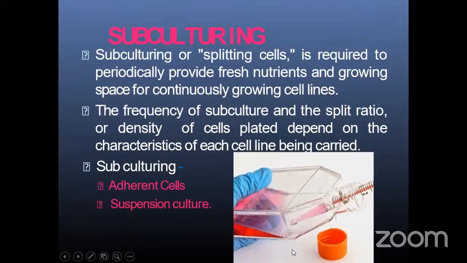See here, you can see how the person is handling it. Usually the flask will be placed horizontally like this. Here you can see at the bottom where the tip is attached. That bottom layer will have the substrate and there the cells will be attached. Above that, usually the media will be floating.